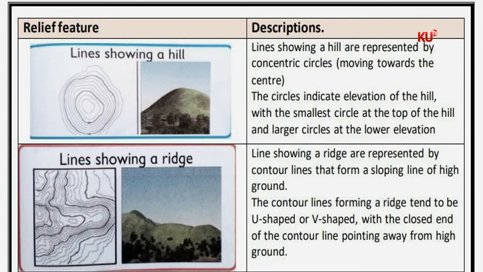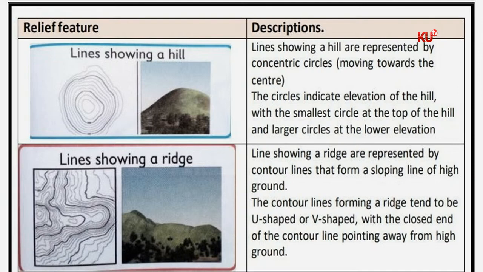So on a topographical map, lines showing a hill are represented using concentric circles moving towards the center.